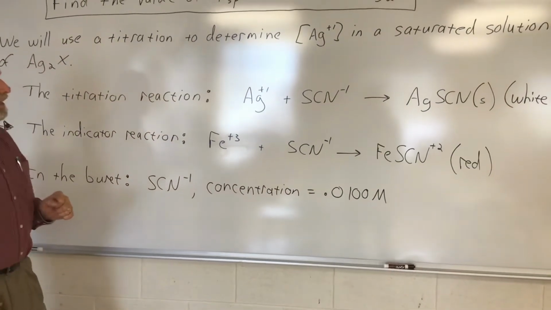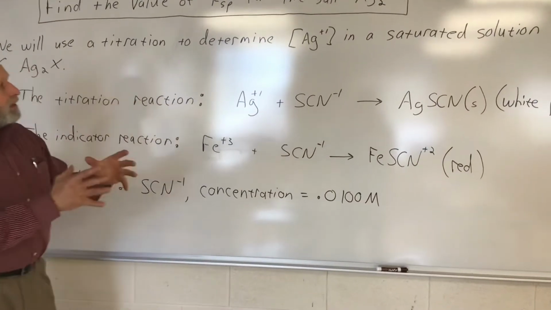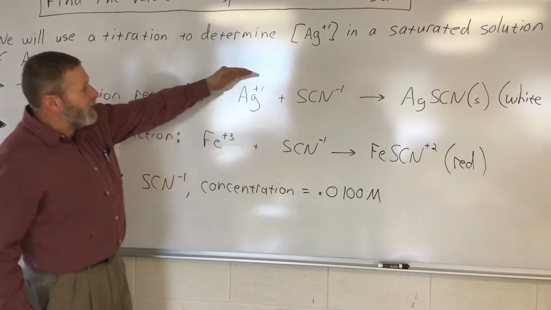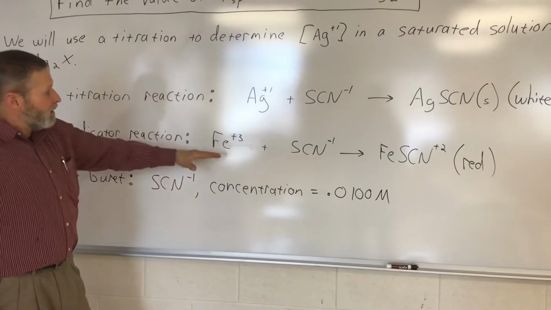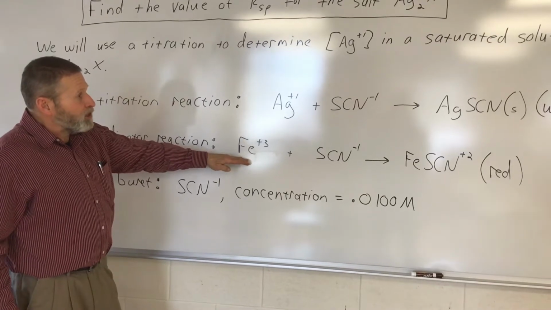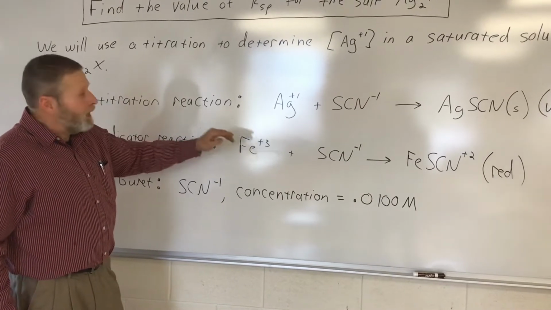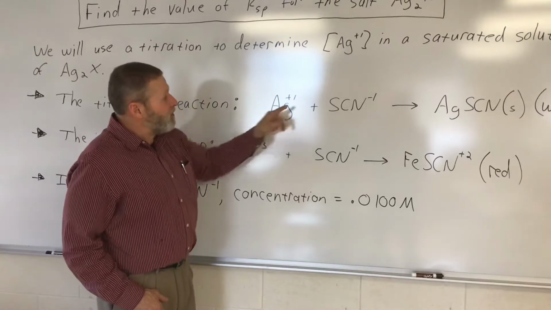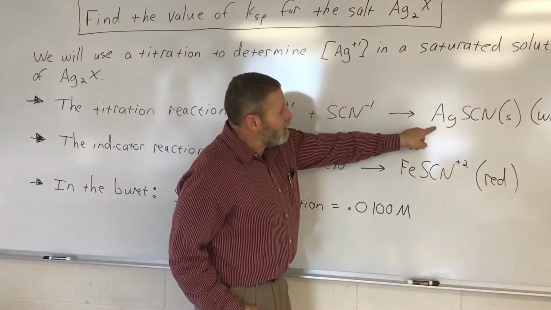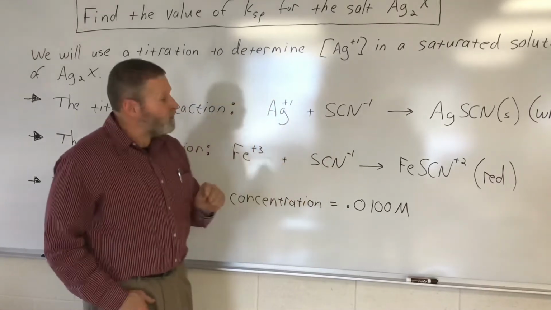The whole idea is you start out with your saturated solution of Ag2X that has a silver ion in it. We'll measure that out, put in 6 drops of the indicator, and start to titrate. The silver ion and the thiocyanate ion make the AgSCN. That happens first.